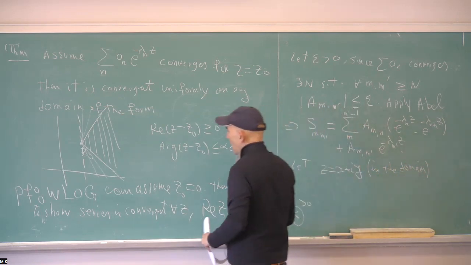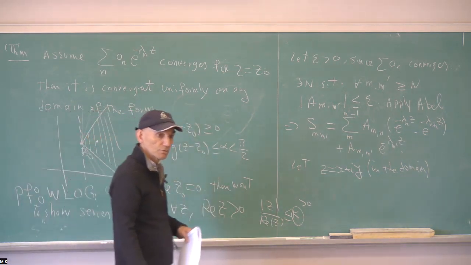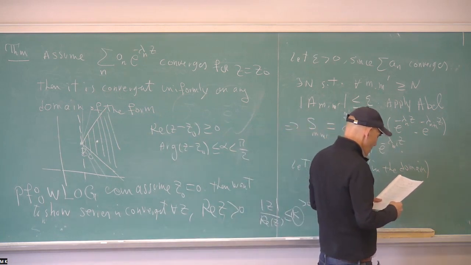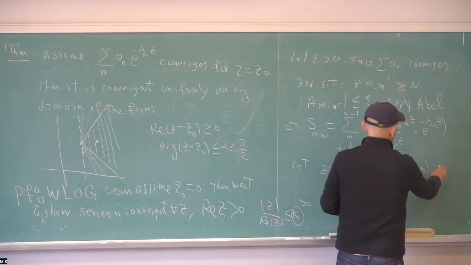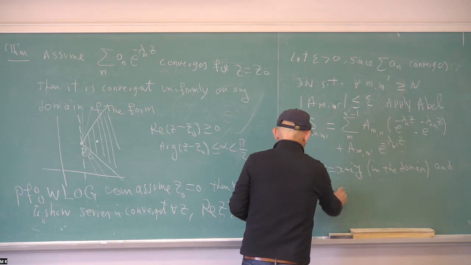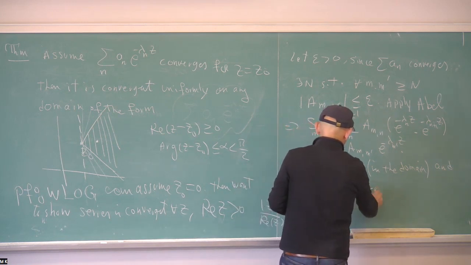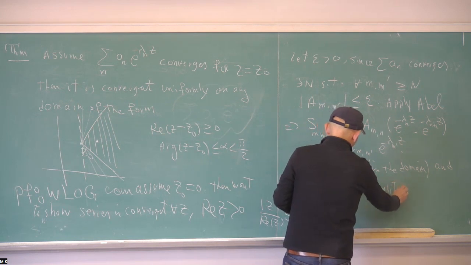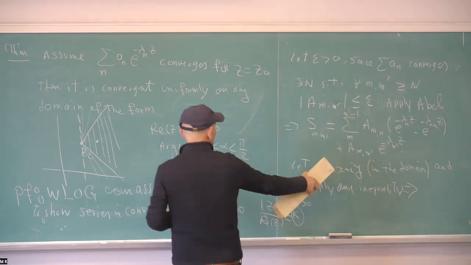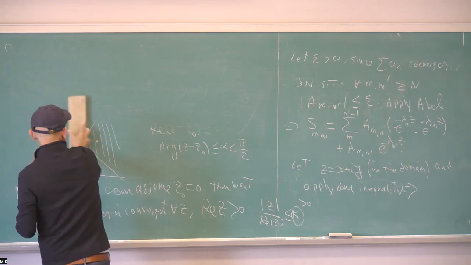We just pick a point that satisfies the condition for z0 equal to 0, and apply our inequality. We had an inequality, right? The last thing we proved. If you apply the inequality to these terms in the interior, you get the following estimate.